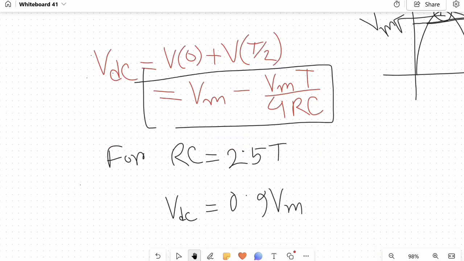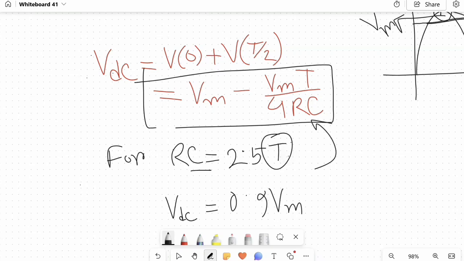Now, if we take the capacitor value such that the RC value is 2.5 times larger than the period of our AC signal, then we find the VDC by plugging this into this equation. We find that the VDC is 0.9 Vm. Previously, what we got was 0.63 Vm. So this is much better than what we got previously.